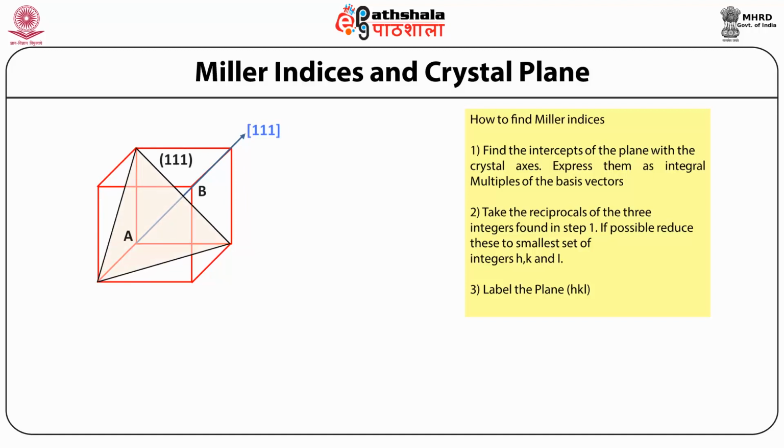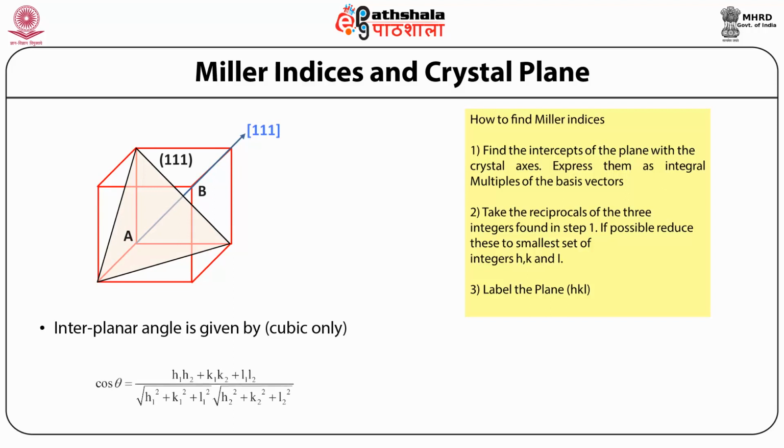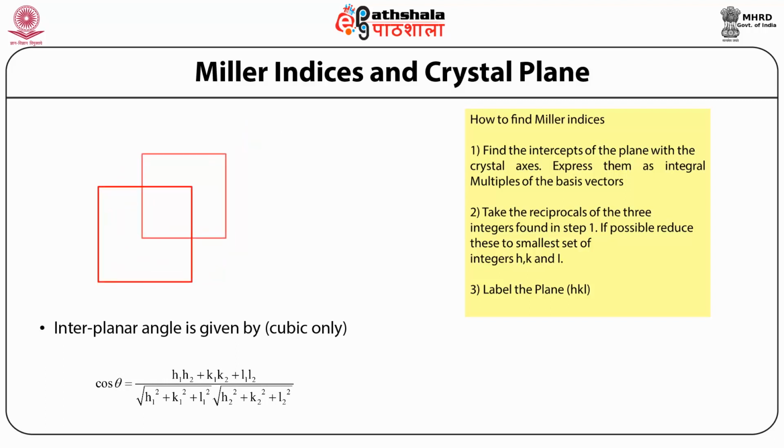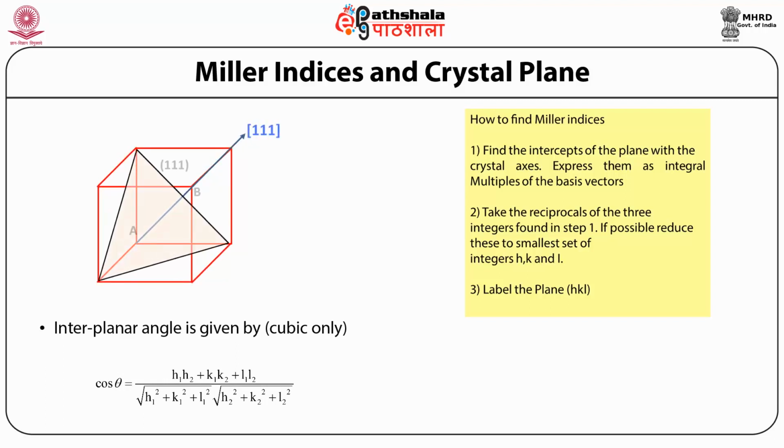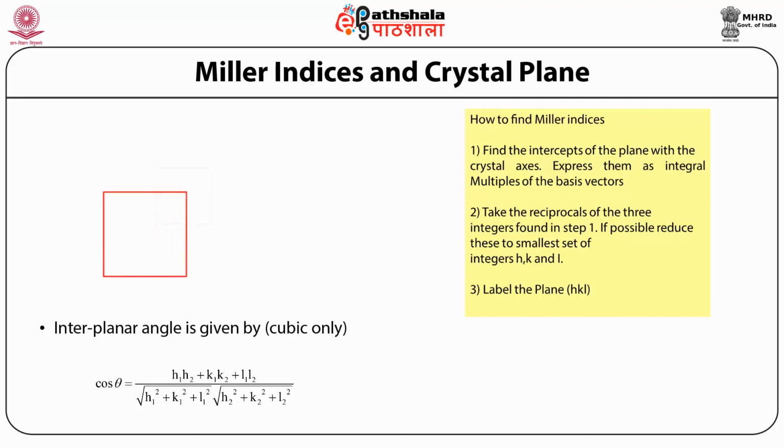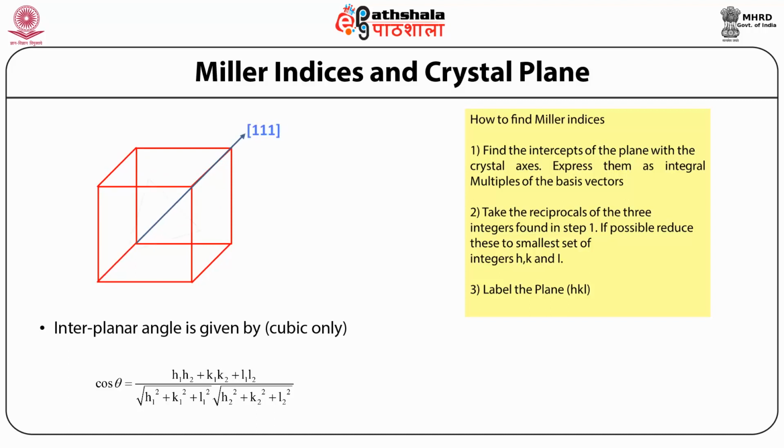So let us take the example. On the left-hand side you can see a figure, a cube, where the 1, 1, 1 plane is mentioned. In general, the interplanar angle is given by cos theta equal to (h1 h2 + k1 k2 + l1 l2) divided by root of (h1 square + k1 square + l1 square) times root of (h2 square + k2 square + l2 square).